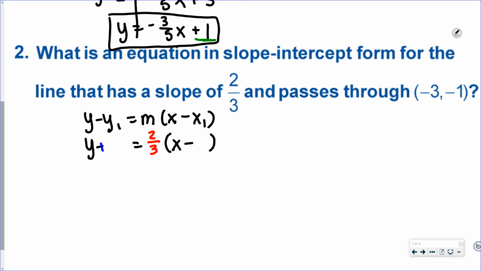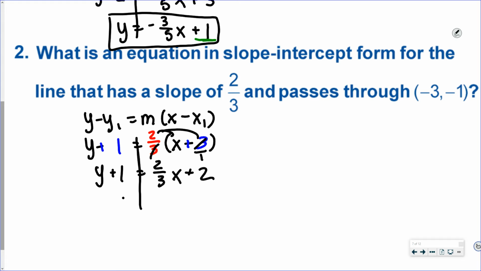Okay, so I changed y +1 and x +3, minus a negative. Oh, dang it. This one worked out nicely too with the fractions. Don't worry, I'll get you some harder ones soon. 2/3 x plus 1, subtract over 1.